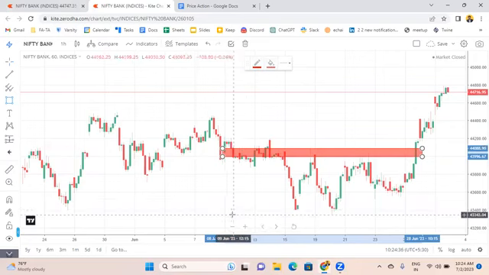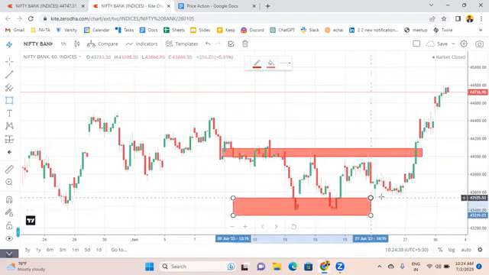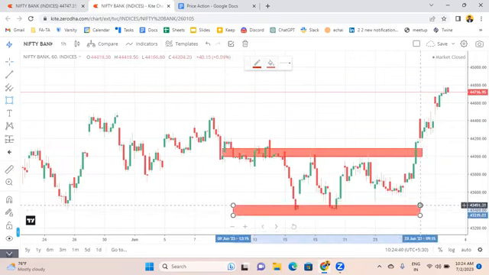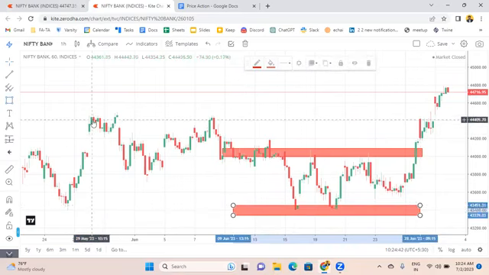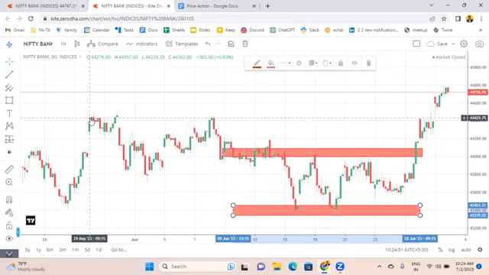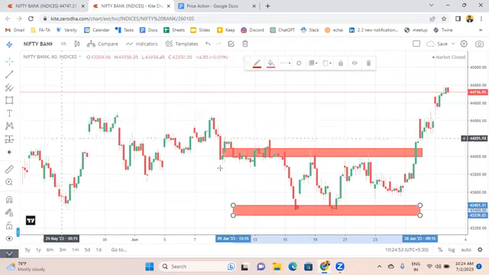For the demand zone, you can mark it with a green or blue highlighter. A supply and demand zone is a zone of like 40, 50 points or 20, 60 points, and it's not a single point or single key level as in resistance or support.